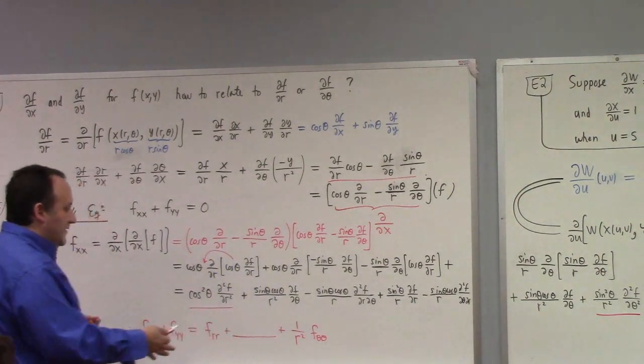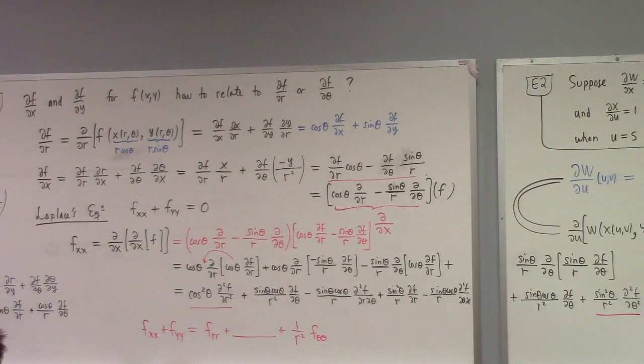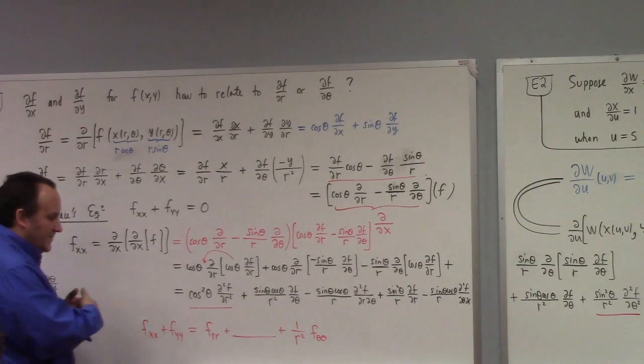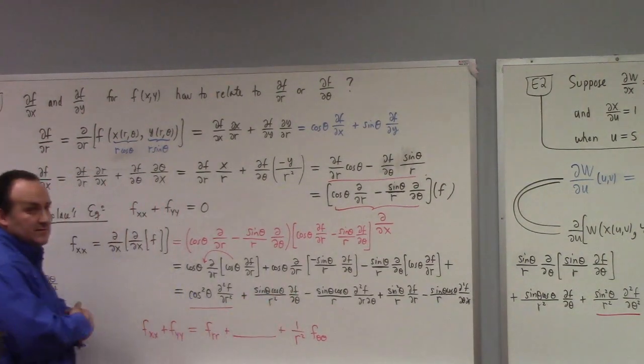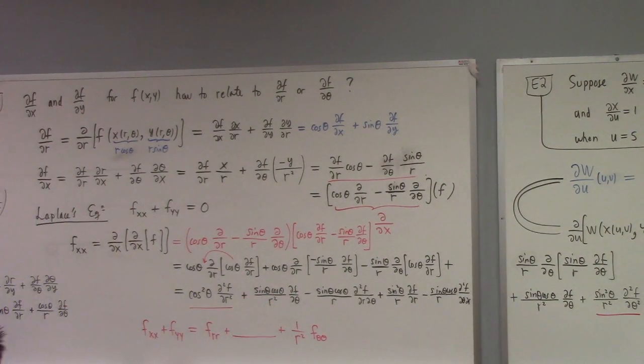So the Laplace equation in polar coordinates looks different. It's not merely frr plus f theta theta equals 0. That's not the Laplace equation in polar coordinates. It picks up an interesting radial dependence, and there's also a term linear in the derivatives, which I might have in my notes, but let me look for a second here.